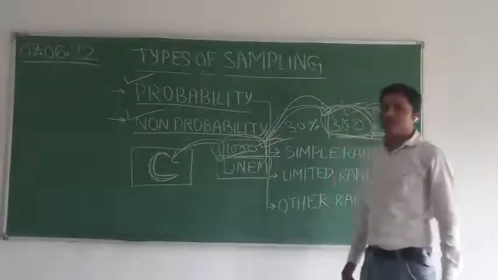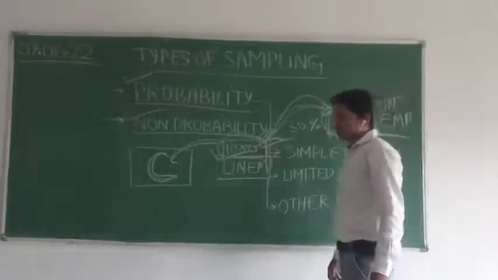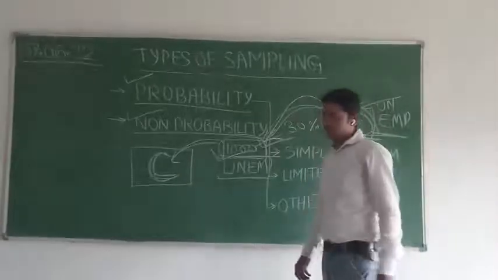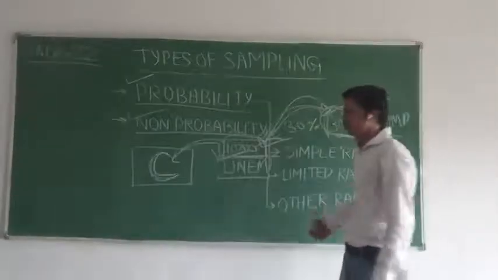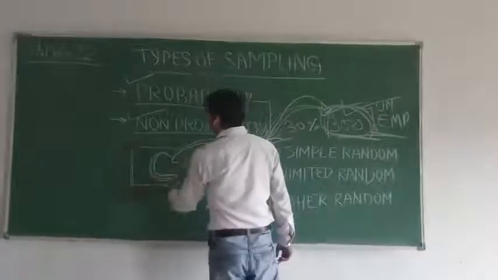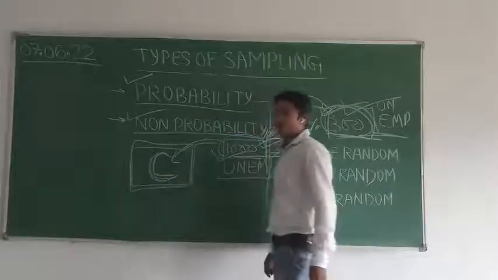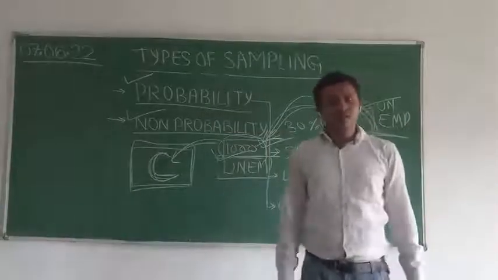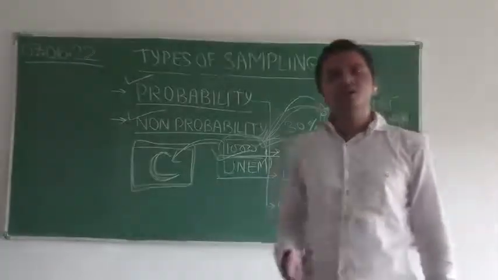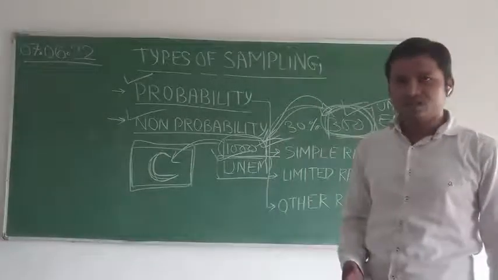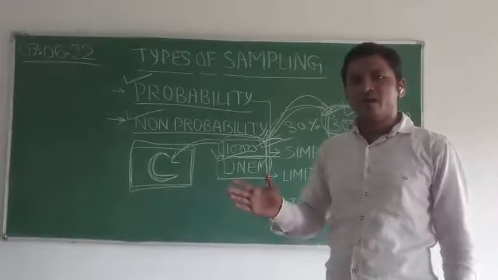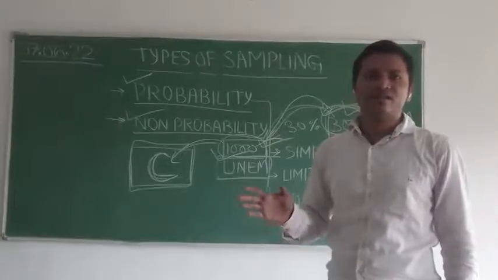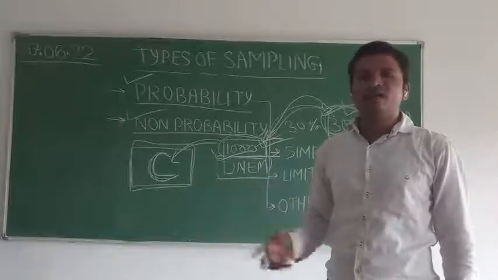In probability sampling, there is a probability for every person in the community to be chosen. For every person belonging to a certain universe, which we are taking as a research area, there is a probability to be chosen as a sample.